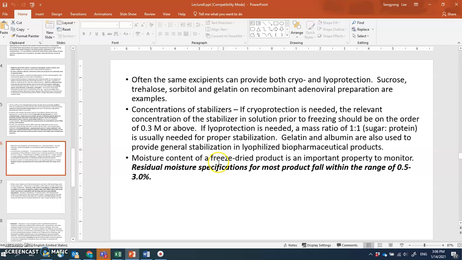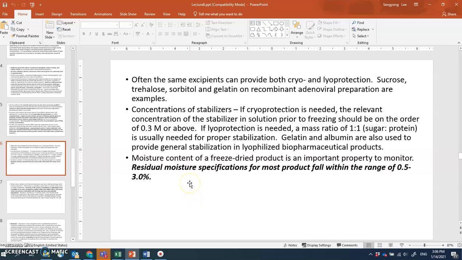So once your drug is freeze-dried, how much moisture should still remain in there? How much dryness is there after it's freeze-dried? So the residual moisture, that's what we call it. That's the moisture still remaining after freeze-drying has taken place. It's about 0.5 to 3% of the total volume.